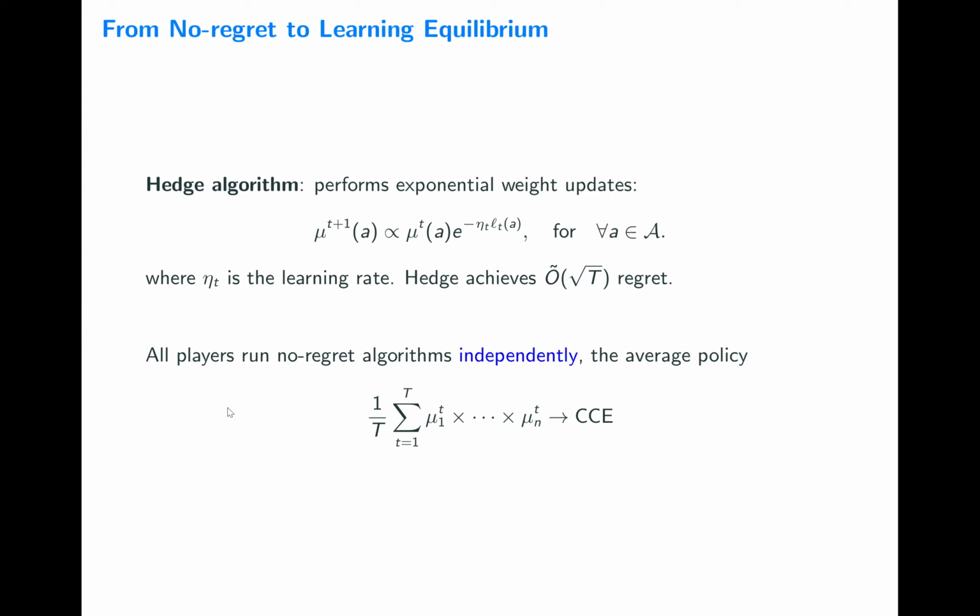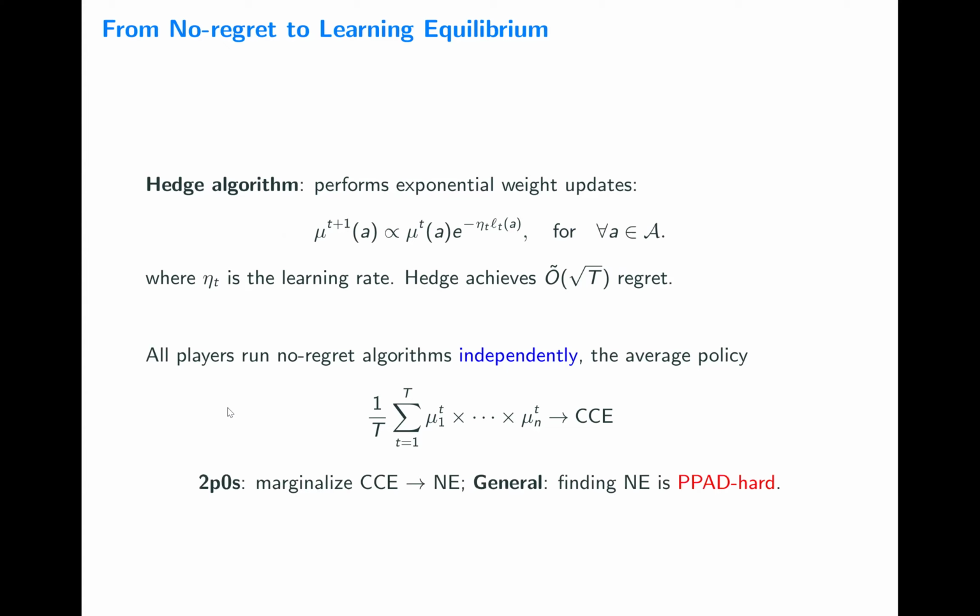But eventually you can prove that this average policy, that is, if you take the product of all the players' policies at each round and then average over all the different rounds, will eventually converge to a coarse correlated equilibrium for general sum games, for multiplayer general sum games in the most general form.